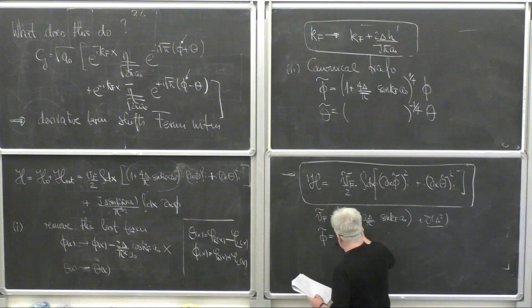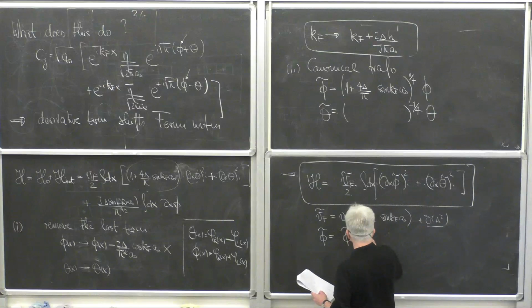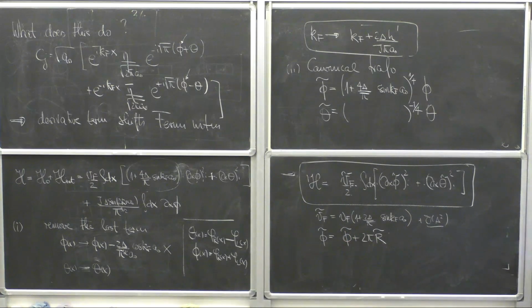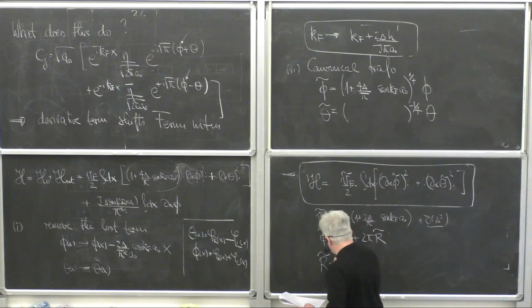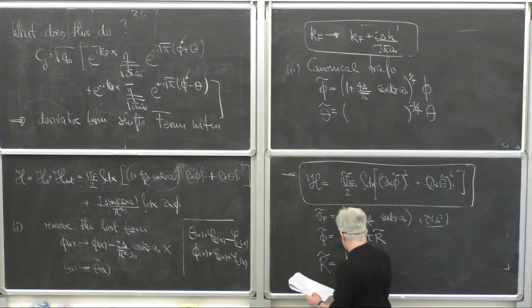So phi tilde is a compact boson. So phi tilde, I have to identify with phi tilde plus 2 pi r tilde. But as I just said, r tilde is no longer 1 over square root of 4 pi.